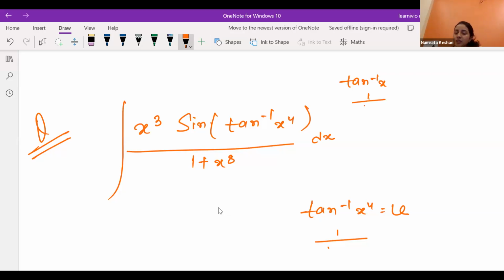Was it 1 by 1 plus x square? Yes. So 1 plus whatever x is there, that square we will write, right, Annapurna? Yes, that is x to the power 8. And then x to the power 4 we will do by chain rule. 4x cubed.